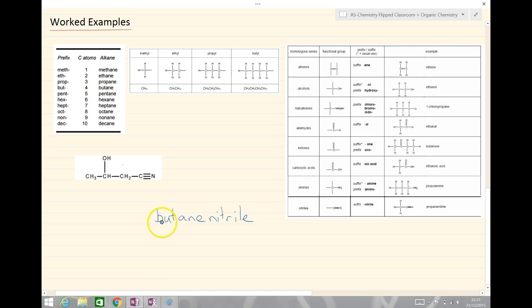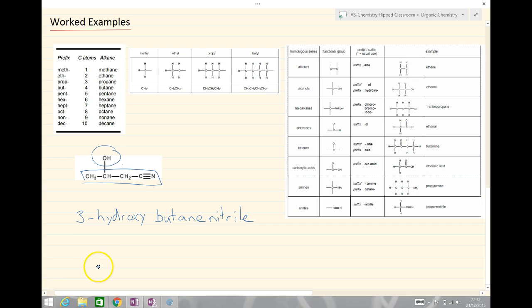And that is that chain, and we then have our side group here, which this time is an OH, and we need to use the prefix here rather than the suffix, so it's hydroxy, and the number, well, it's 1, 2, 3, so we're now 3 hydroxy butane nitrile.